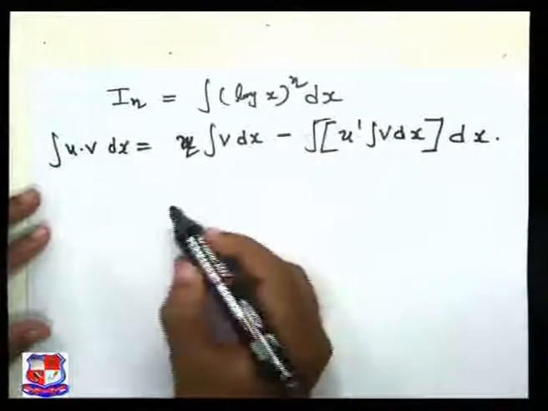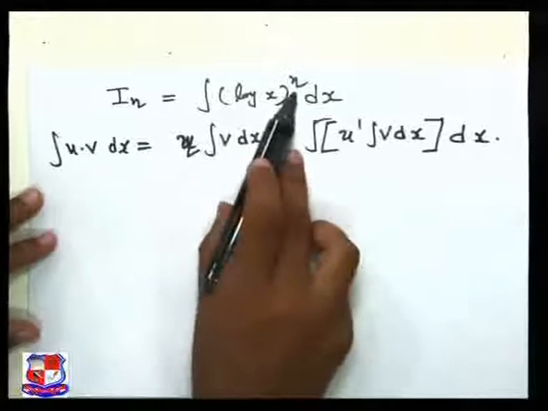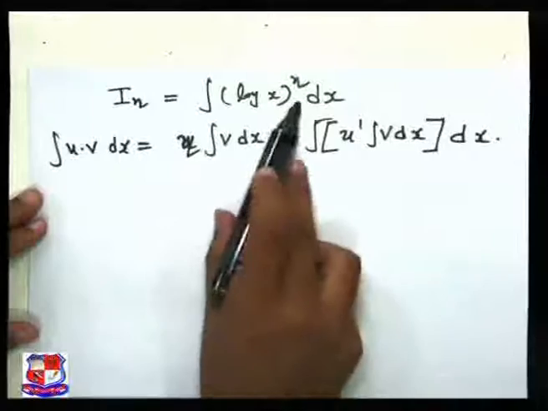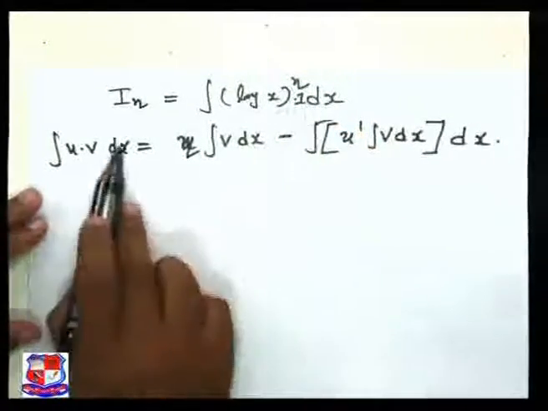So here log x raised to n we consider as our u, and 1 we can also write as 1 into 1, so 1 is our v.